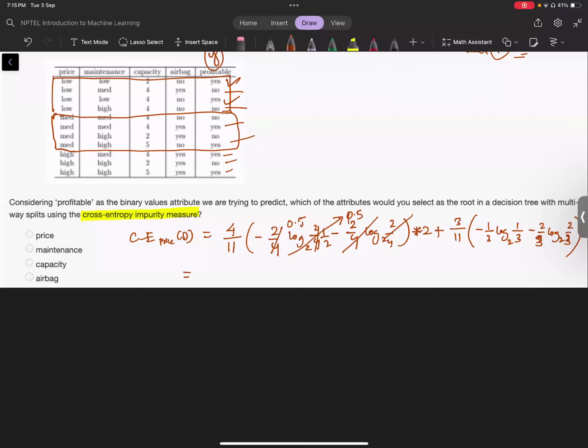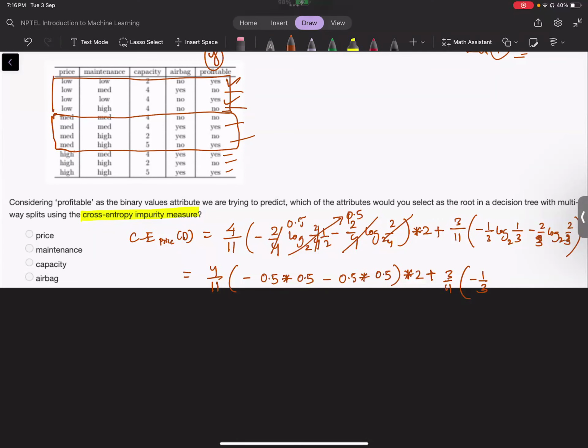So it is 4 by 11 times minus 0.5 times 0.5, minus 0.5 times 0.5, into 2, plus 3 by 11 times minus 1 by 3 log 1 by 3 base 2.